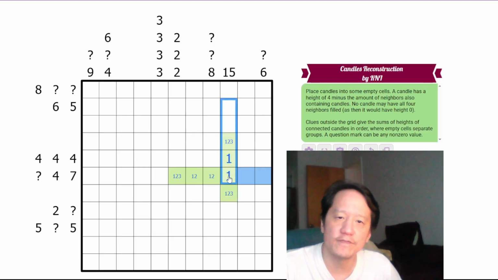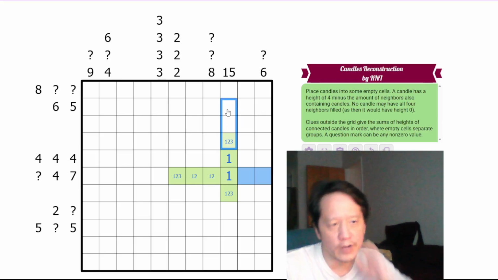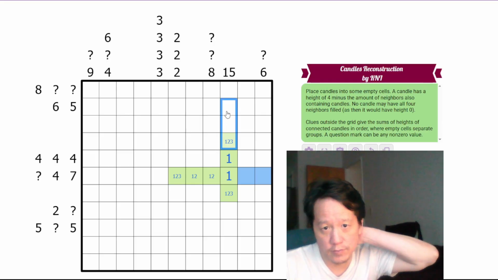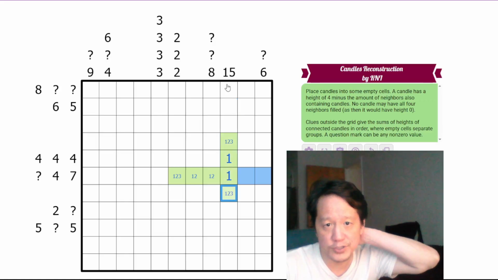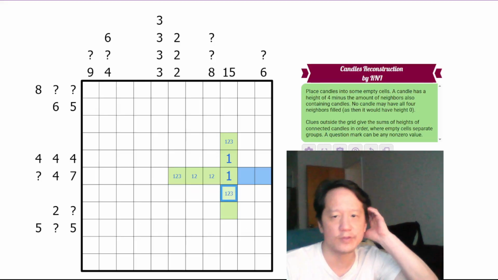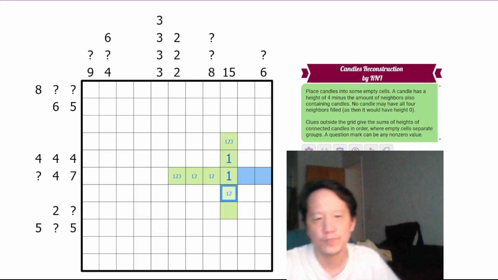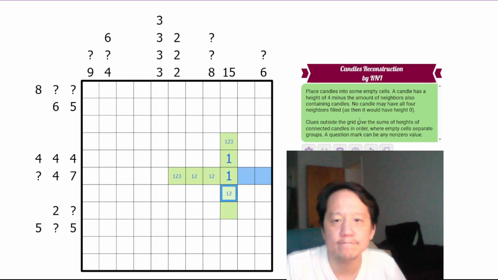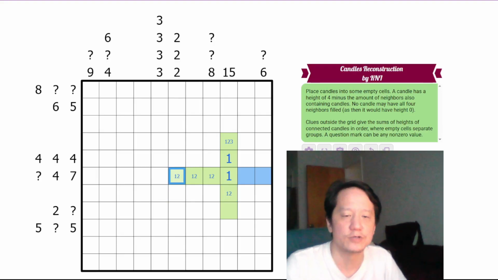So you'd have 4 in between, or 5 in between, but that's 1, 2, 2, 2, 2 at most, which is 8. 8 plus 3 and 3 only adds up to 14. So this has to continue on this way, so this cannot be 3. It's 1 or 2. This can never be 3 here. So this is 1 or 2.